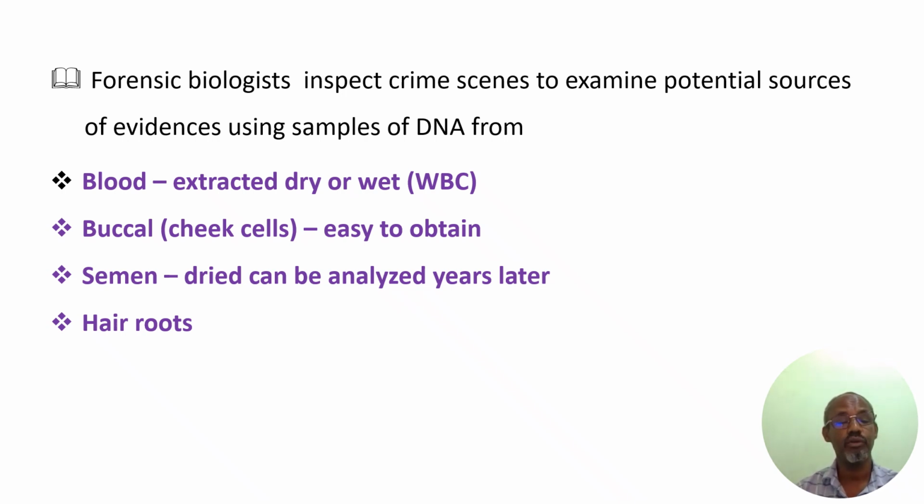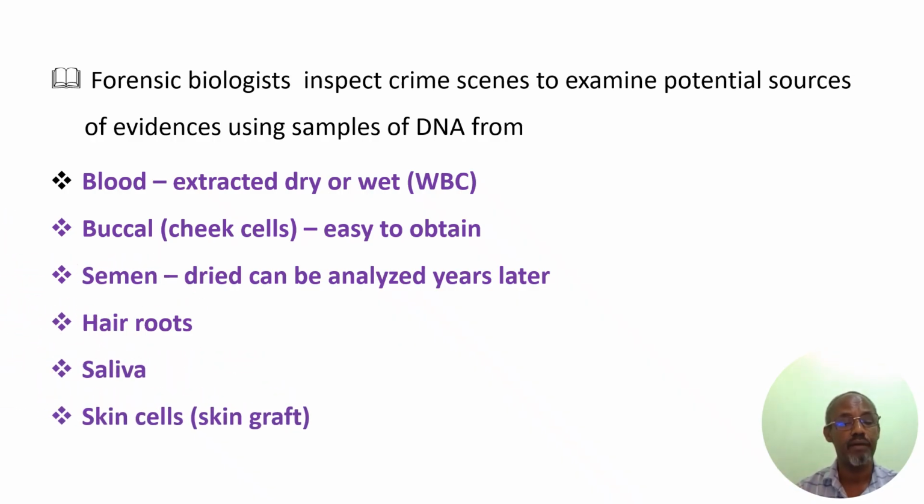Seminal fluid is also one source of that DNA. It can be dried and analyzed years later. If you dry it, it can be analyzed years later, and you can preserve it if you like. Hair roots: you pull out hair, and the root of the hair contains cells. These root hair cells, root follicle cells, are an important source of DNA also.